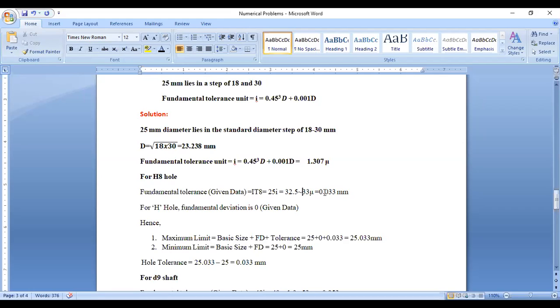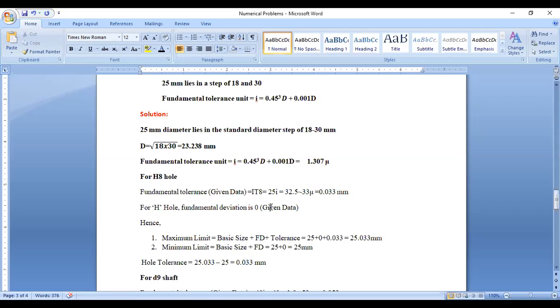I will convert this into mm, that is 0.033 mm. This will be the tolerance of the hole. Now for the hole H, the fundamental deviation is 0. It is given in the data as well as it will be known to you.